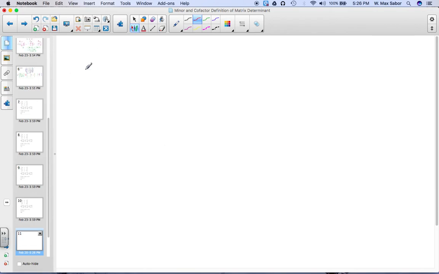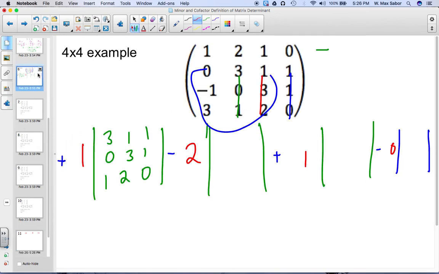So now that we have negative 8, negative 8, 8, and 32, we're going to multiply those in here with our 1, negative 2, 1, and negative 0.